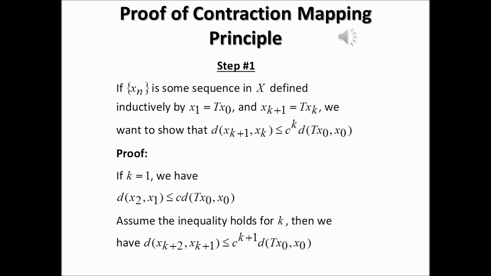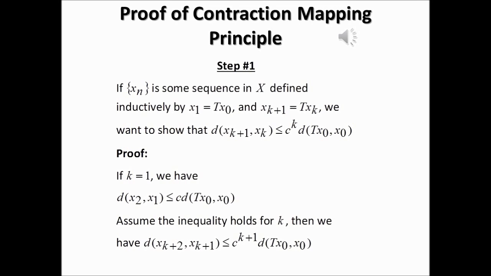Then we want to show the inequality holds for k+1. That is, we want to show the ordinary distance between x_{k+2} and x_{k+1} is less than or equal to c to the power k+1 times the ordinary distance between T of x_0 and x_0.